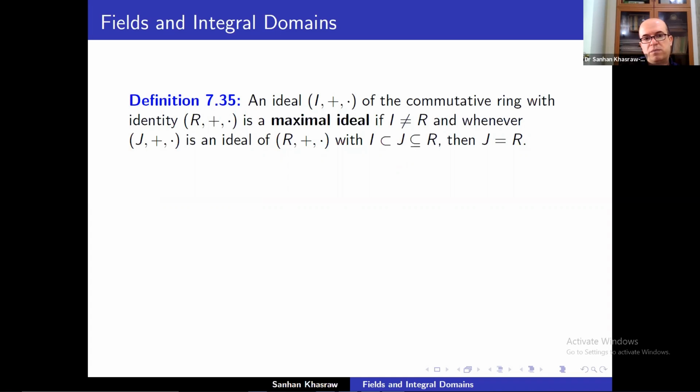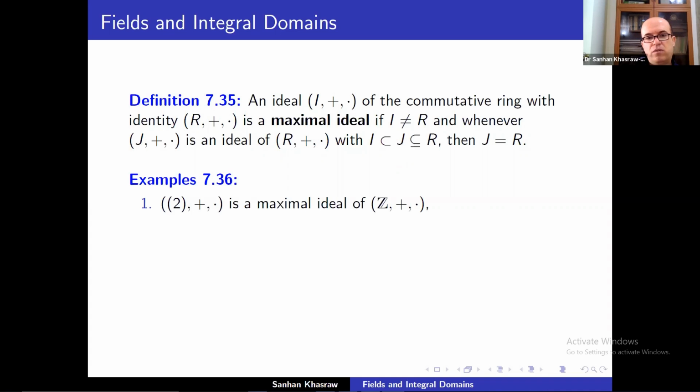So let's look at some examples. In Z, the ideal generated by 2, which means 2Z, the set of even integers, is a maximal ideal. There is no ideal in Z that properly contains the ideal generated by 2 other than Z. The ideal generated by 3 is also a maximal ideal.